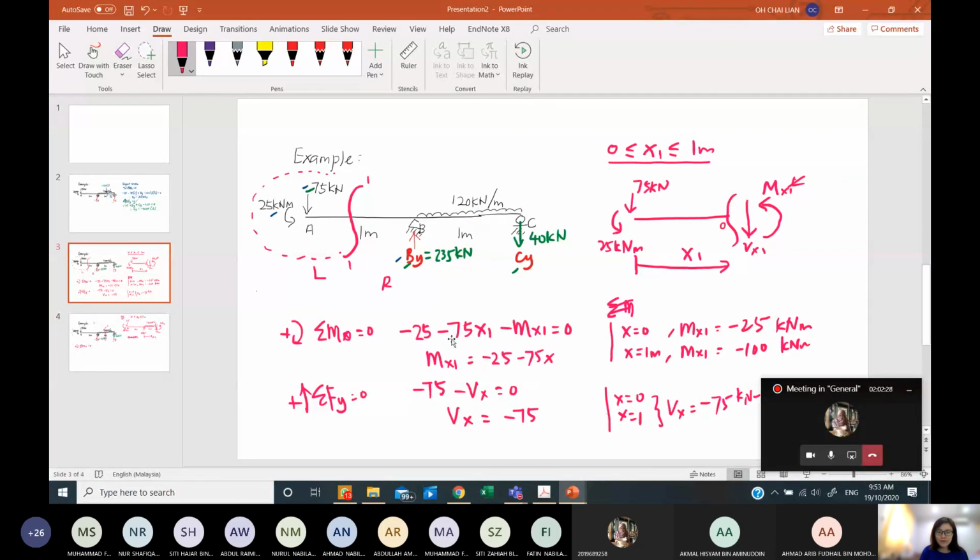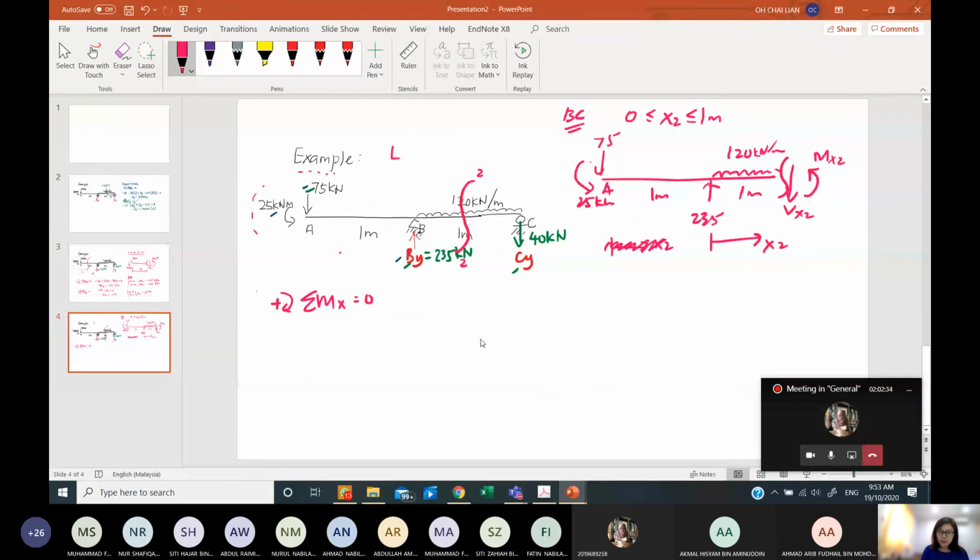Negative 25, negative 75 x1, and negative Mx2. Negative 25, negative 75. Oh, but now it's not x. The distance to the cut section will be 1 meter plus x2, so it will be 1 plus x2.